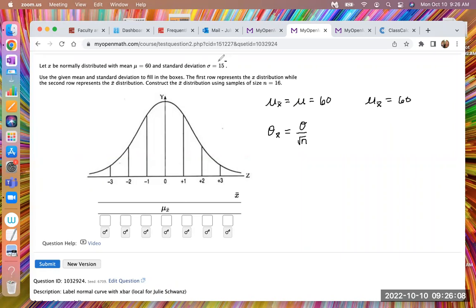Then the standard deviation of X is 15, so I plug that in. They want us to use sample size 16, so the square root of 16. I just put this into my calculator and find out what that is.